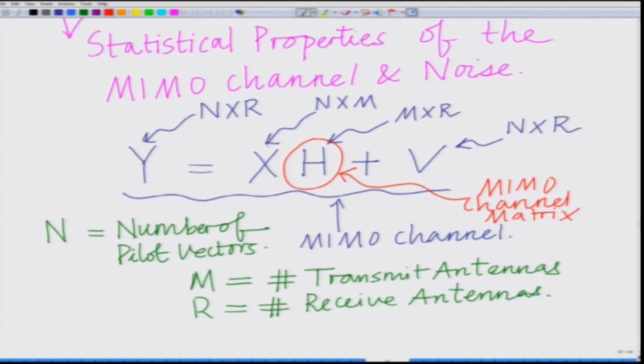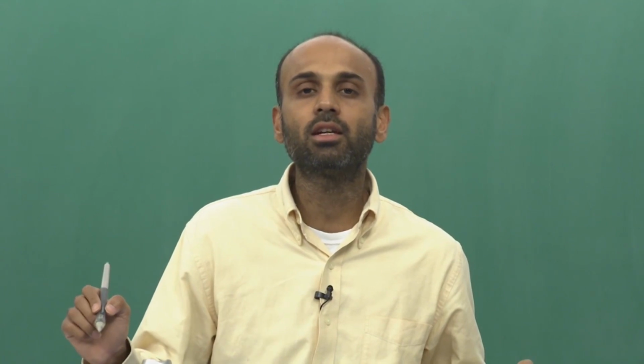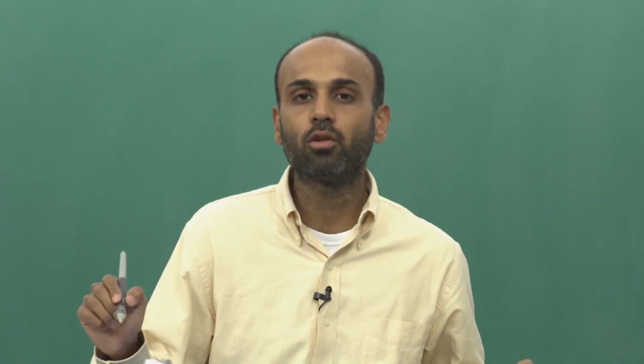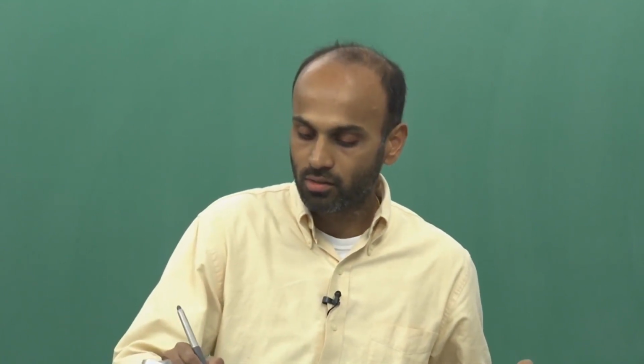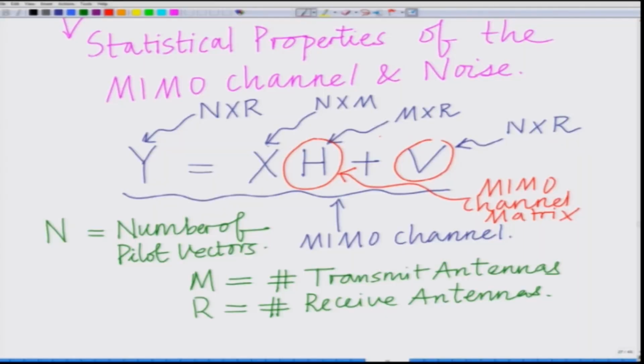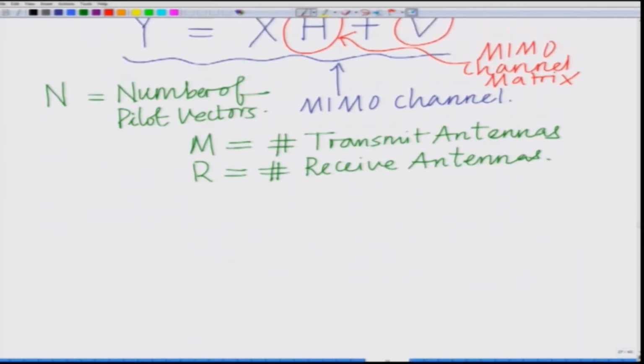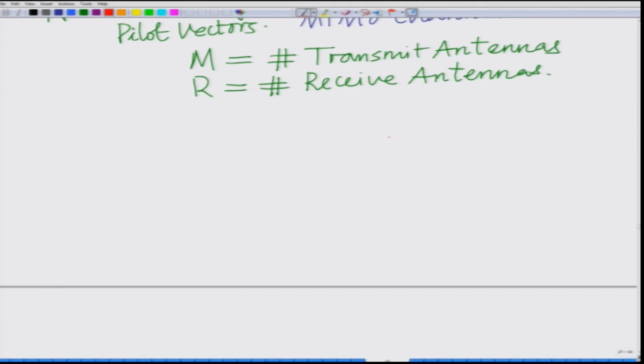Alright. But before we do that, let us examine the statistical properties of the MIMO channel matrix and also the noise matrix, that is, V, which is the noise matrix. Okay. So, let us write this channel matrix down explicitly. We have H, which is your m cross r matrix.